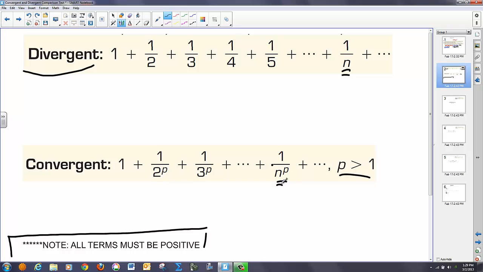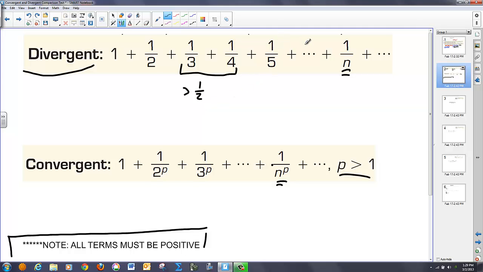Now you might think it odd that this actually diverges because the series actually has a limit. It goes to 1 over infinity, which goes to 0. But if you take and group these in a specific way, these two end up equaling a number that is greater than a half.